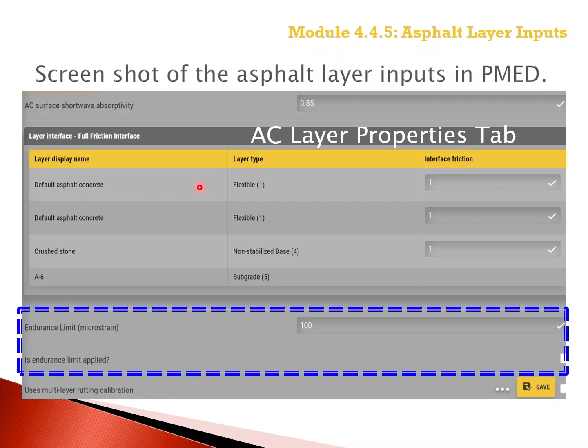The endurance limit will be defined and discussed later in the module under flexural bending beam fatigue test. The endurance limit was not used in any of the global calibrations for the bottom-up fatigue cracking transfer function. So, endurance limit should not be used with the global bottom-up fatigue cracking calibration coefficients. If the endurance limit is used, it should be used during the calibration process.